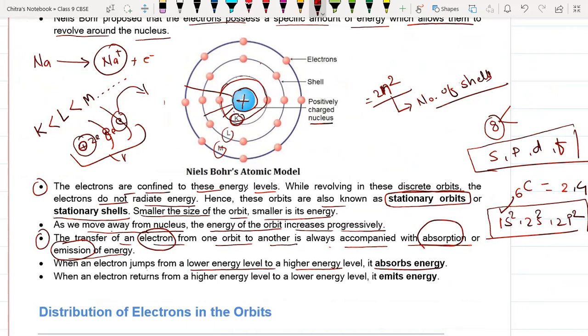That we already went through. If an electron jumps from a higher energy level to a lower energy level, it has to emit or release energy. From outside the shell to inside the shell, it has to emit energy.